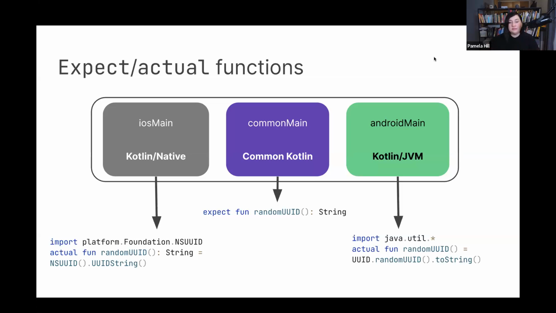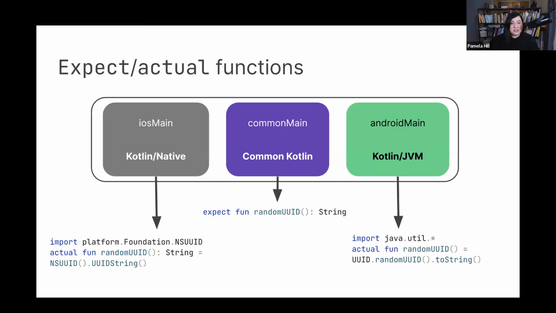So on Android main, we can see that we're using some Java stuff here. And that is true because we can use Kotlin JVM and all kinds of Android APIs in Android main. So here we are implementing randomUID with a java.util class and function, UUID.randomUUID, and then we just toString it to get a nice string.